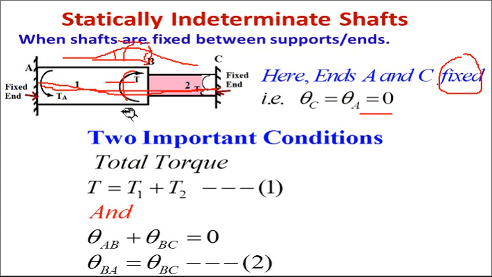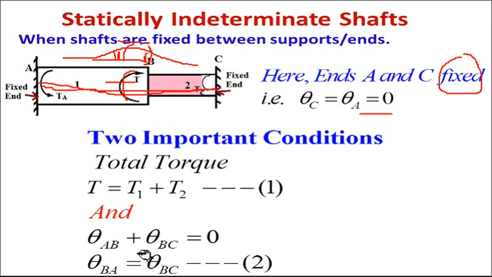Now torque will try to rotate this particular shaft, causing angular displacement. Due to this application of torque, there will be twisting, and due to twisting, theta A and theta C will develop. That is the slope. But if you add these total slopes, theta AB plus theta BC must be equal to 0 for equilibrium, and then you can even write theta BA must be equal to theta BC, because they are going to develop at this cross section.